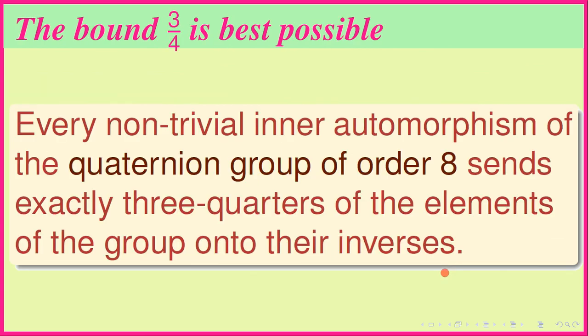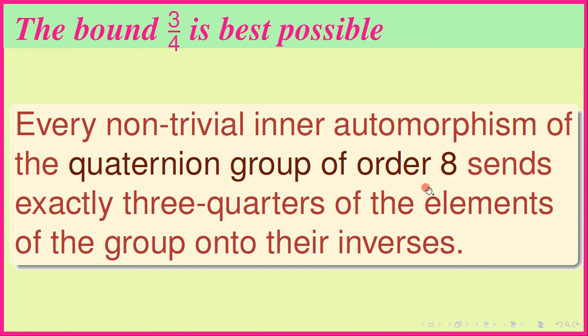We'd like to make a remark here. The bound 3/4 mentioned in the problem is best possible, because there exists a group, in fact this one, where every non-trivial linear automorphism of the group of quaternions of order 8 sends exactly 3/4 of the elements of the group onto their inverses. So this quaternion group of order 8 is a non-abelian group. Those who have done one semester course on group theory know it.